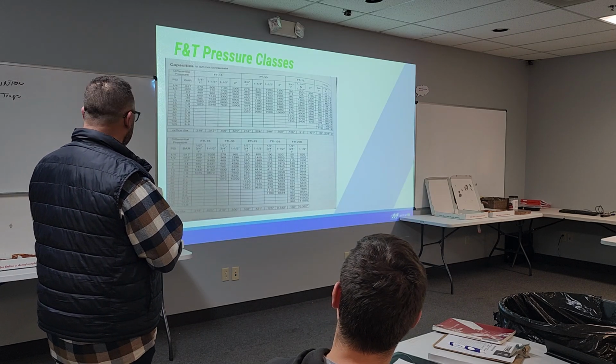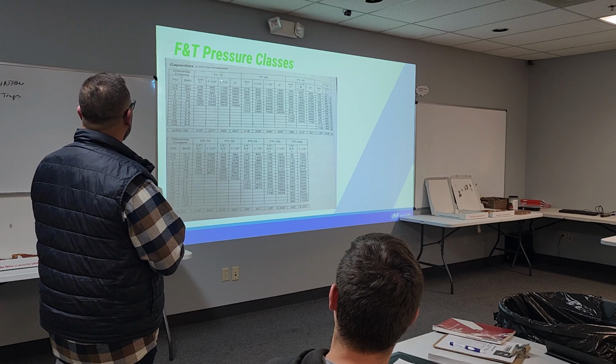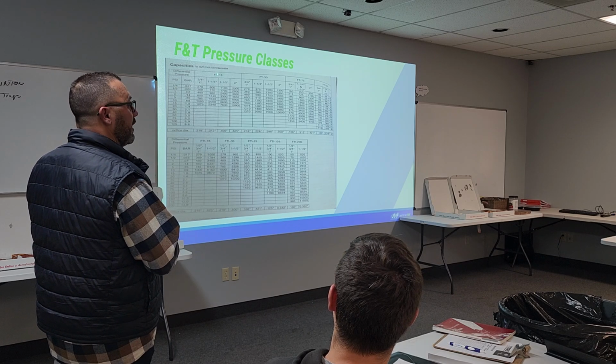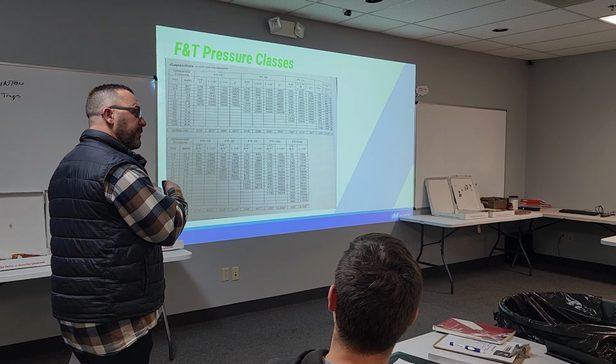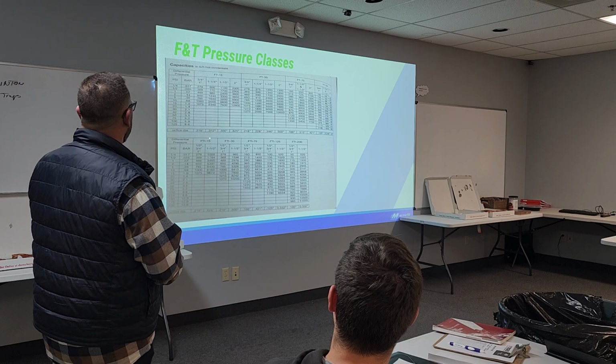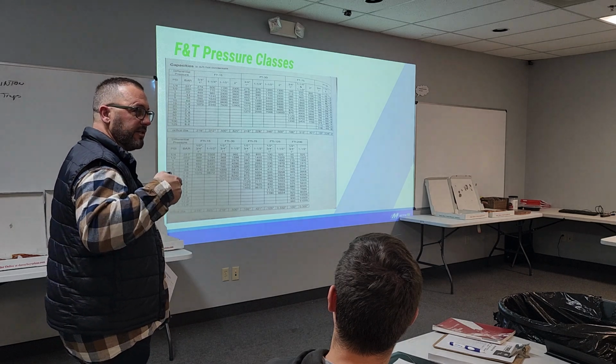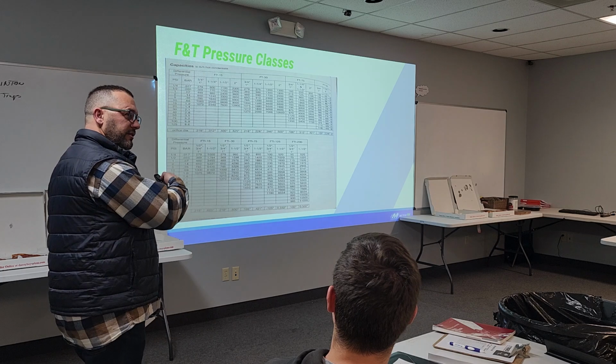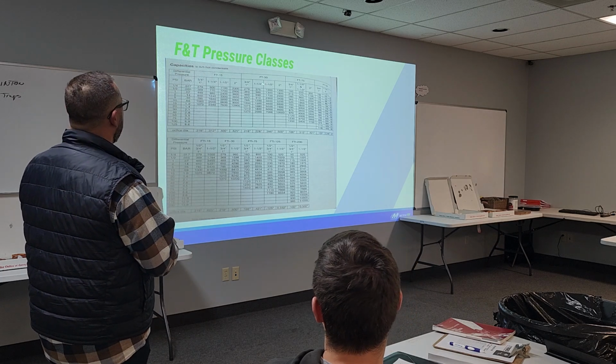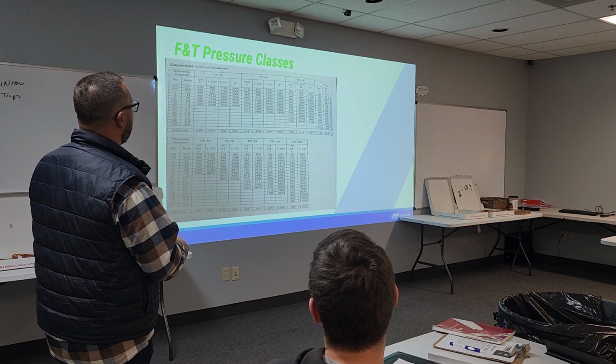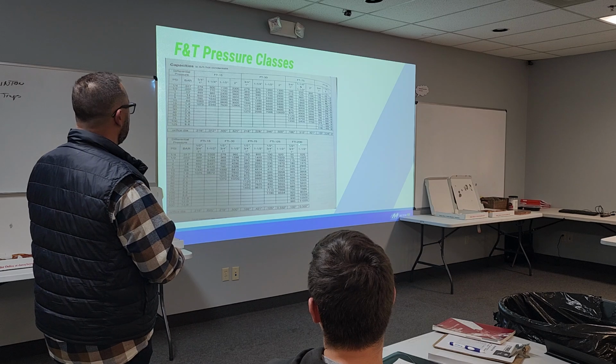F&T pressure classes: it's a bad picture, but there's that FT parallel connected, both connections coming in on one side. FTI, I just remember the I is inline, comes in one side, straight out the other. 15 PSI, 30 PSI, 75 PSI, 125, and 200.